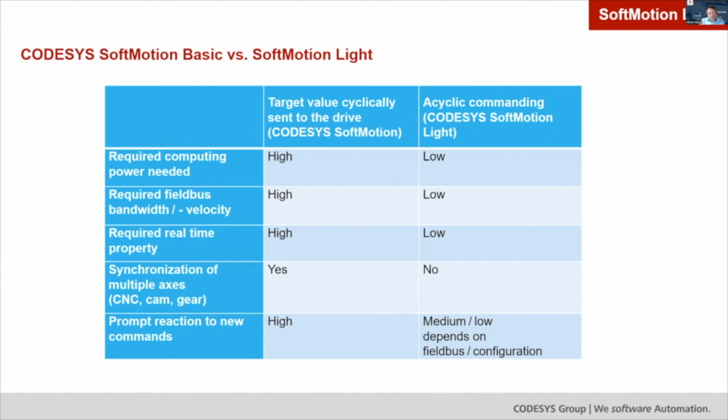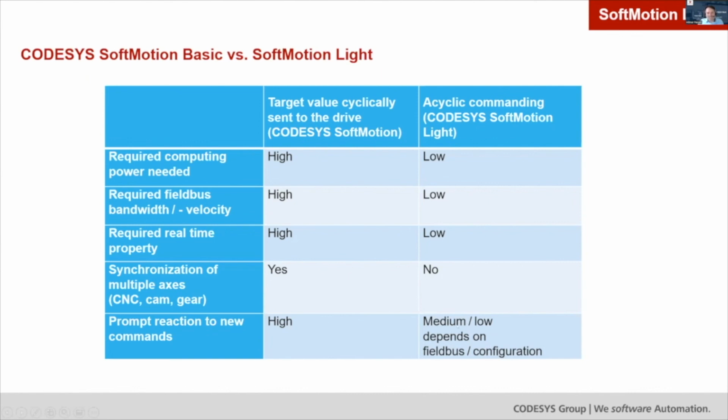Whereas the SoftMotion, having a real tight control on the axis, can synchronize them very easily, and moreover, it can control them very quickly. So in the cycle when you start a movement, you will see the first set value going out to the drive that starts the trajectory immediately.